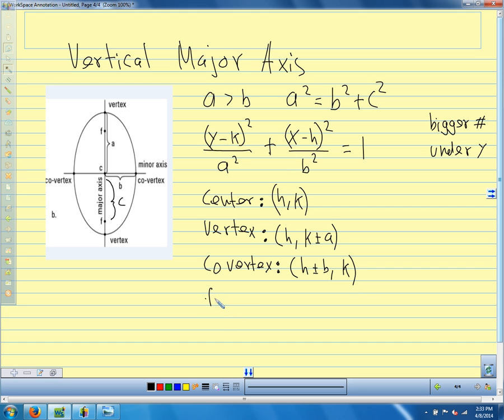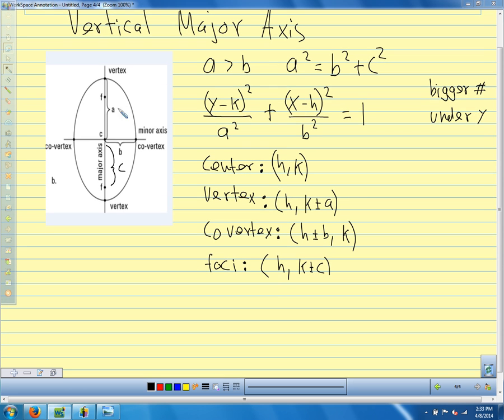My foci: I move up and down C units to get to my foci, so (h, k plus or minus c). My major axis is still length 2A.